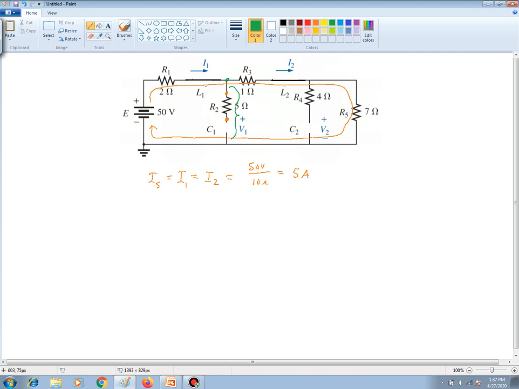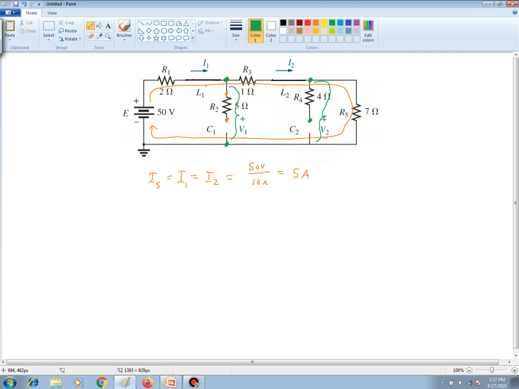The same thinking applies to the other side where R4 is found. Again, current is not flowing through R4, therefore it cannot have a voltage drop across it. So the voltage found here with respect to ground is the same as found over here with respect to ground. So when we're solving for V2, we're really solving for the voltage across there.